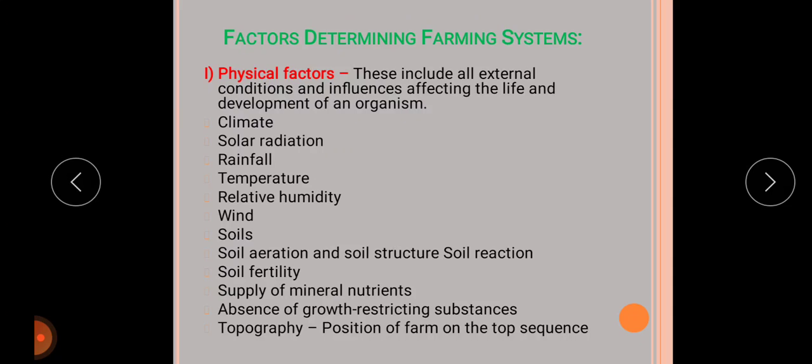After the components, we discuss the different factors which determine the farming system.